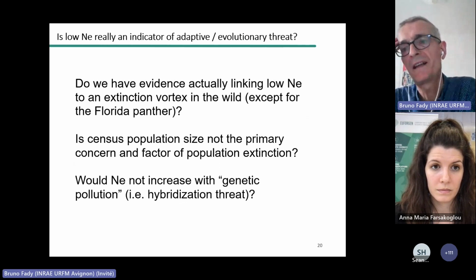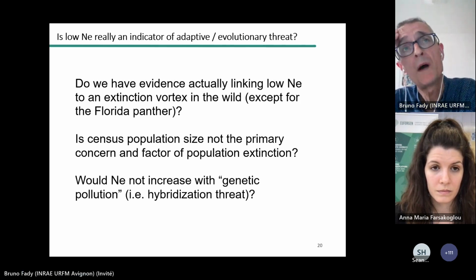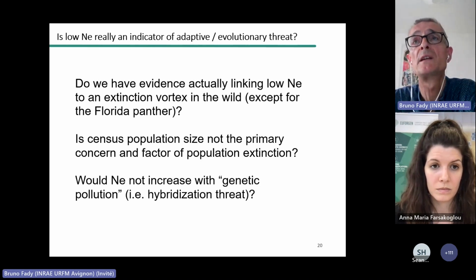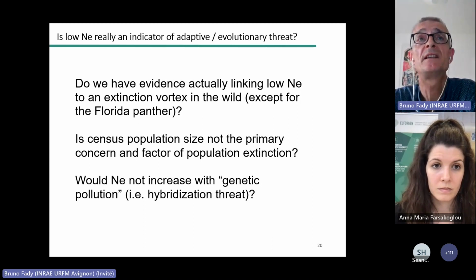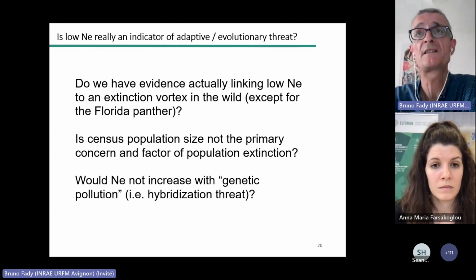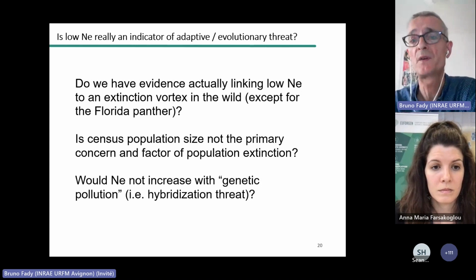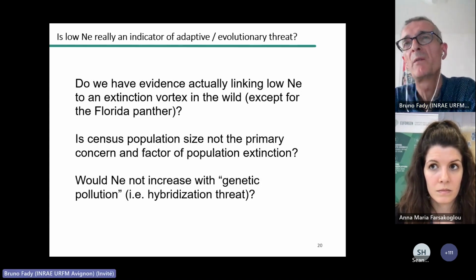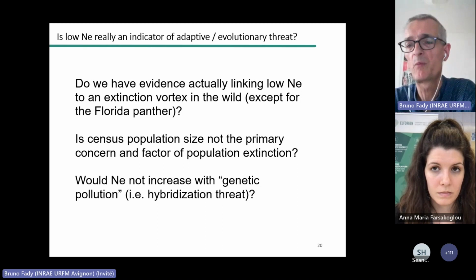Three other things that I would like to put in the discussion here. Actually, I haven't been able to find, but maybe I haven't looked enough, an actual link between low NE and some sort of extinction vortex in the wild. Except perhaps for the Florida panther, where, when you remember the story, the Florida panther was almost going extinct because of inbreeding and small population size.